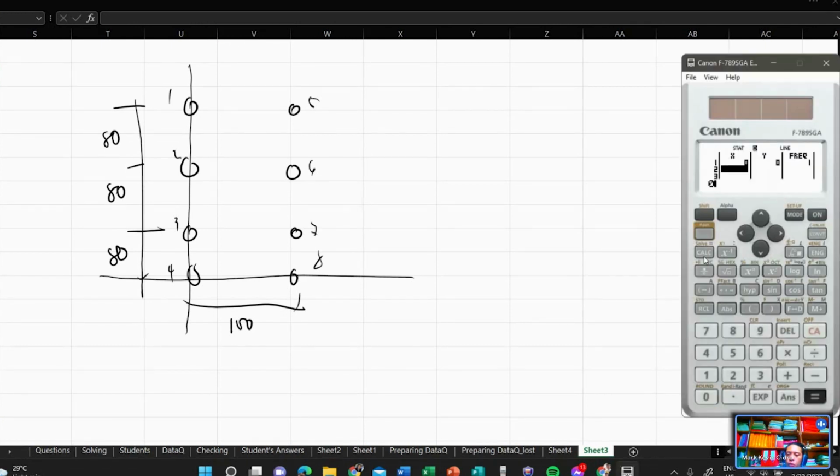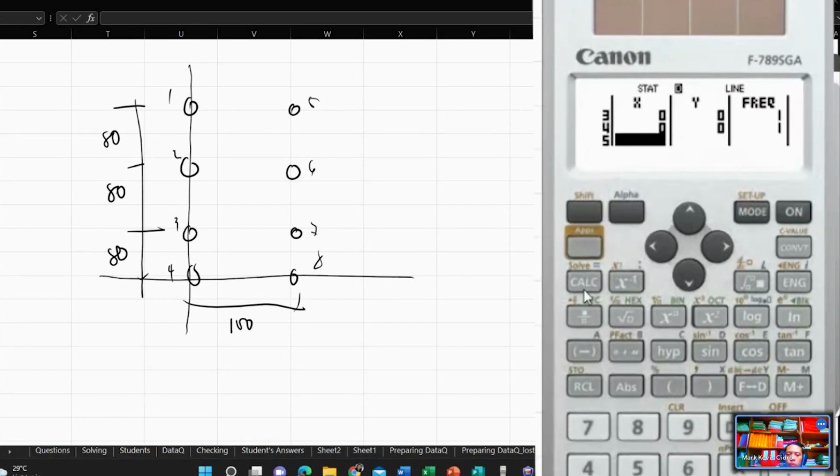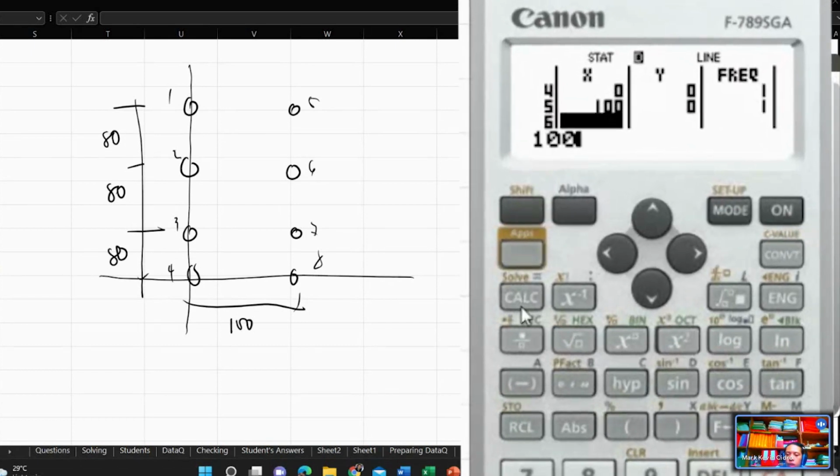The X of the first 4 bolts are 0, 100 for the second 4. The Y is 240 for the first, 160 for the second, 80 for the third, and 0 for the fourth. Frequency is 1.